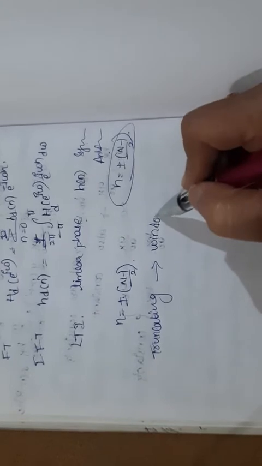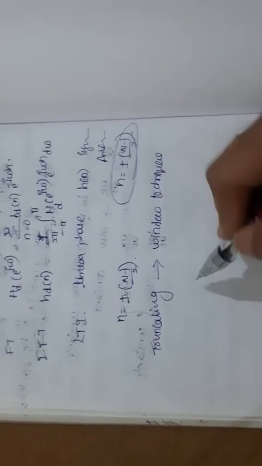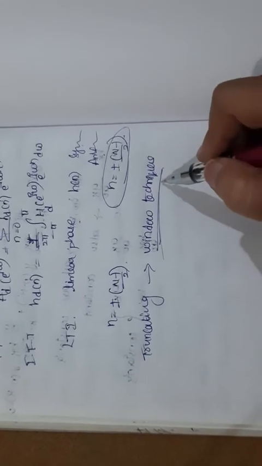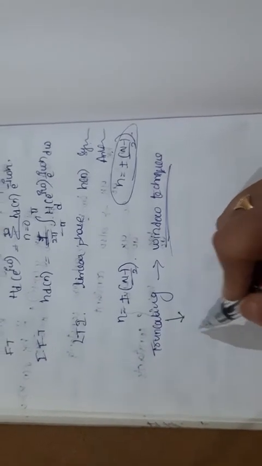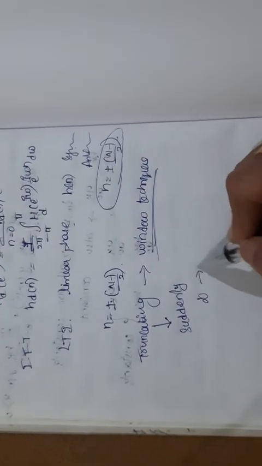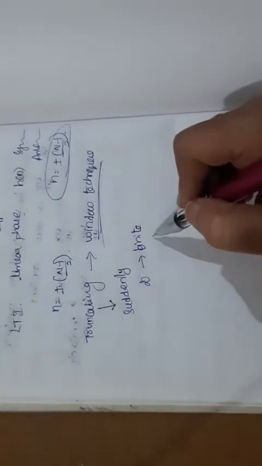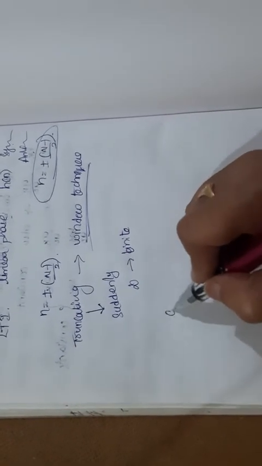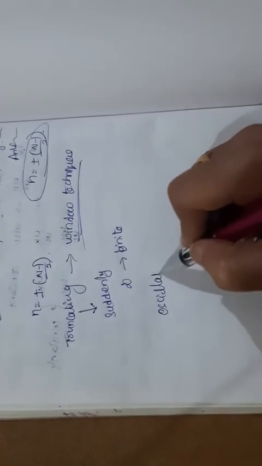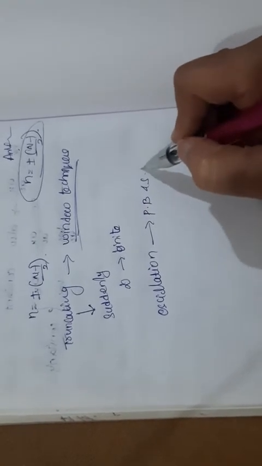window techniques. Why are we going for windowing techniques? Why can't we truncate suddenly from infinite to finite? If we truncate the series from infinite to finite, there will be oscillations in the stop band and the pass band, which are not desirable.